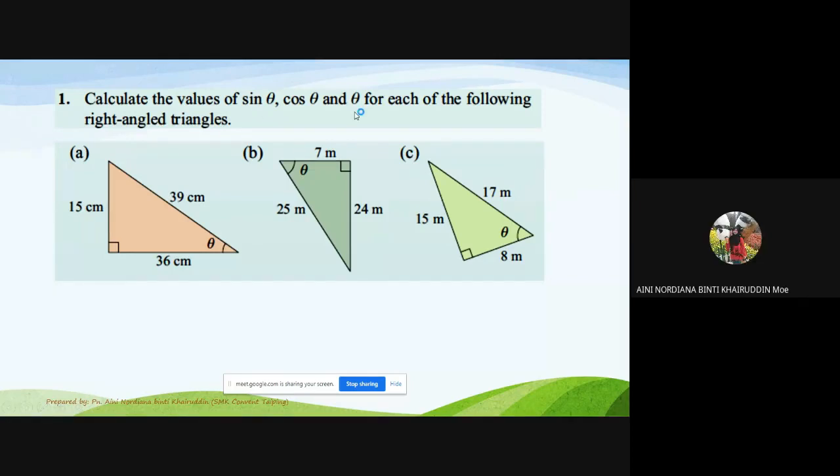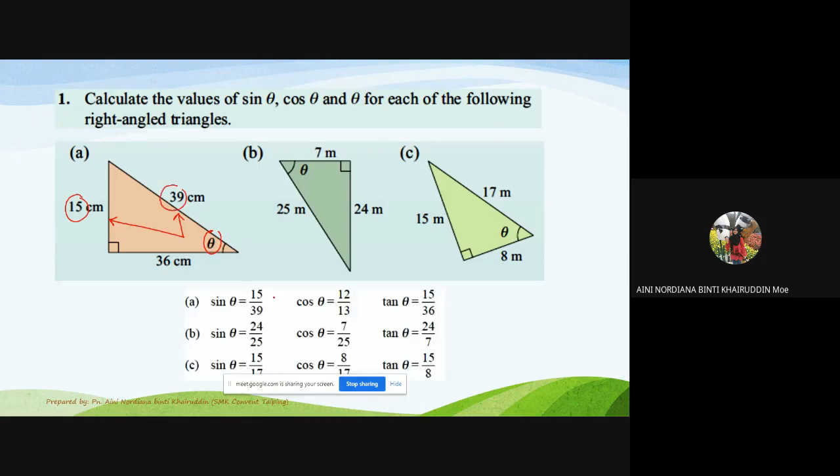Calculate the value of sin theta, cos theta and tan theta for each of the following right angle triangles. So just use the formula. For sin it is SOH. So this is theta. SOH, opposite over hypotenuse. So 15 over 39.